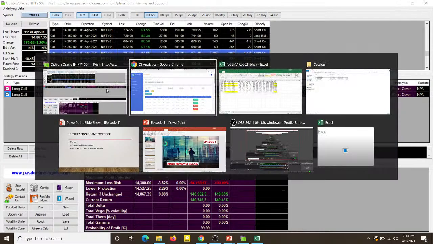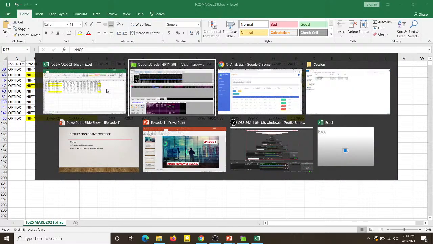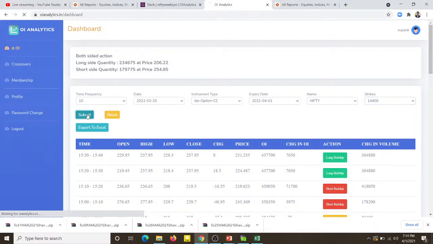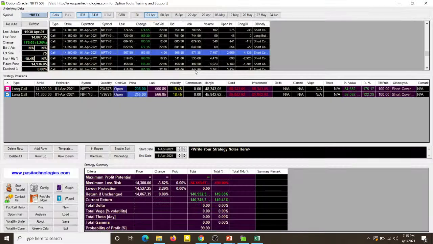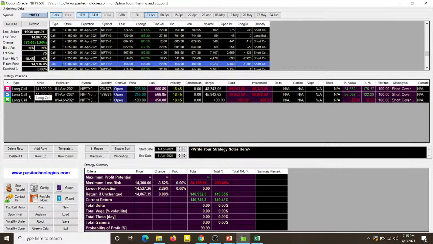Now let's do one thing, let's add the other strike. So both of these strikes will have the same effect, but we'll try to add this also and see. Okay, 14,400 strike, let's go and check that. So here also we have these things, right? So we are going to add that strike as well, and to be frank, here I have to add a short because it was short in the tool, right?